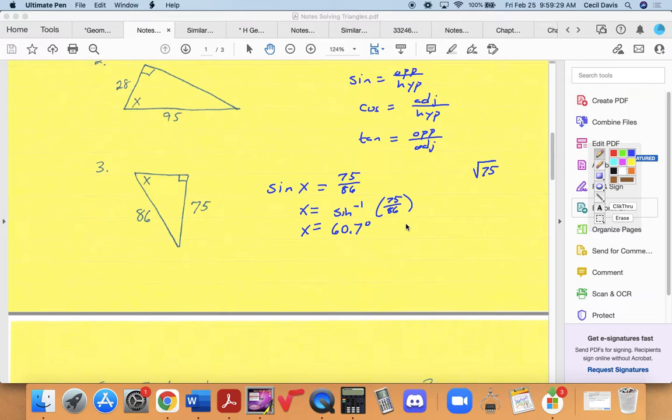And the same thing is true for cosine, but not for tangent. So if you ever get an error, don't bring it to me and tell me my calculator's broken. It's not the calculator. Okay? All right. Any other questions about this one?